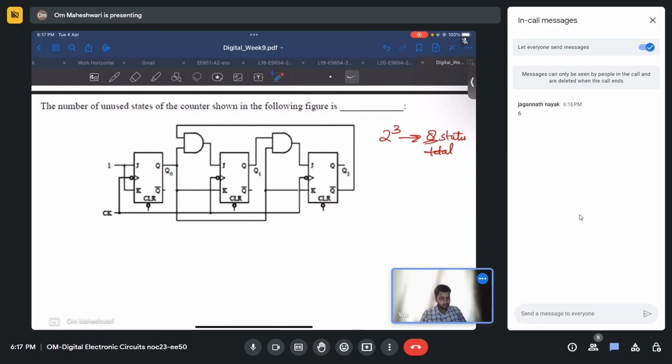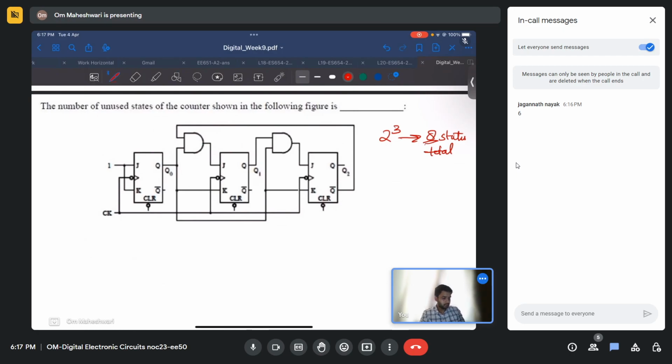Is that what you were saying? Yes, sir. So 6 are actually the used states, not unused. Unused states will be 2.